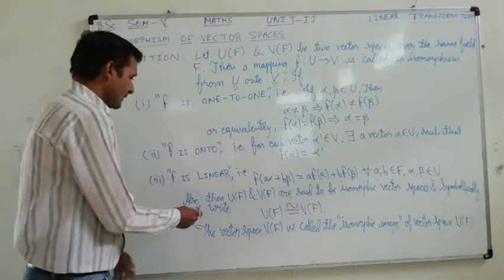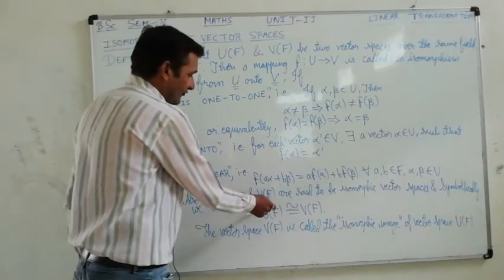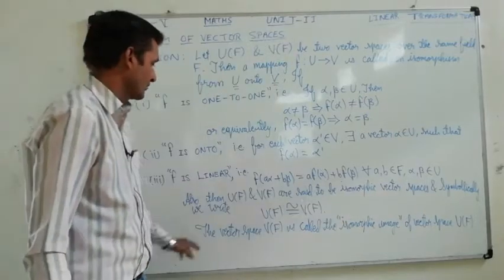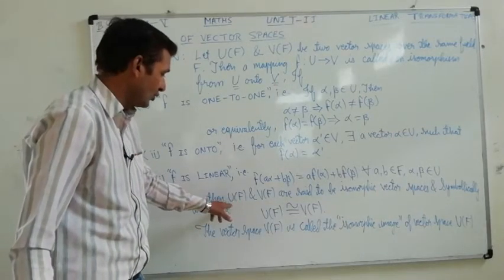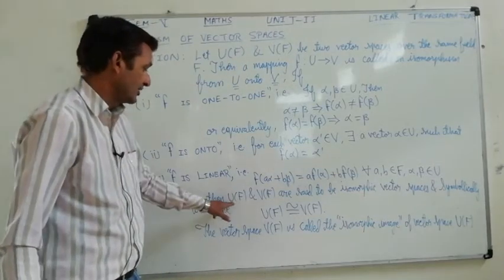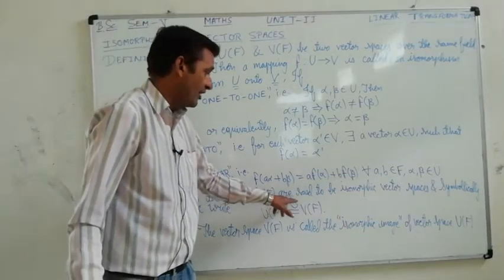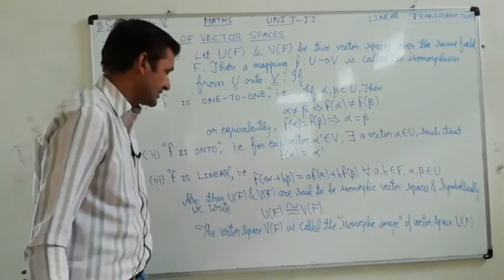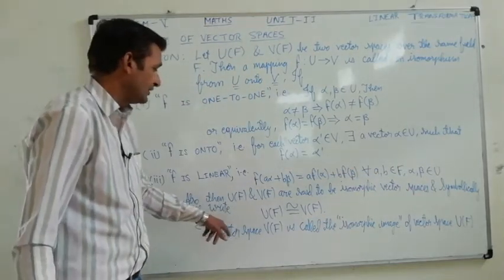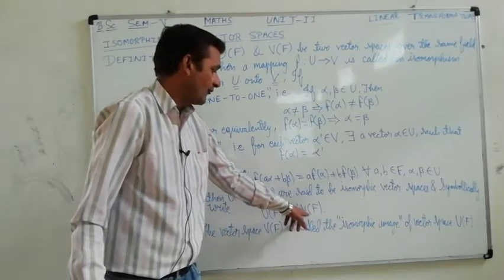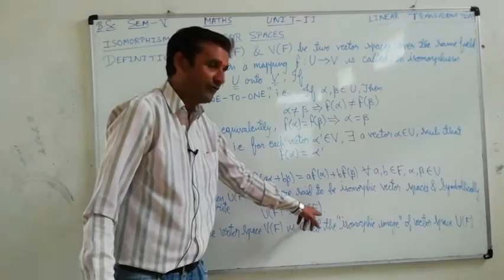Now, U(F) and V(F) are said to be isomorphic vector spaces. What are they called? They are known as isomorphic vector spaces, and symbolically we write U(F) is isomorphic to V(F).